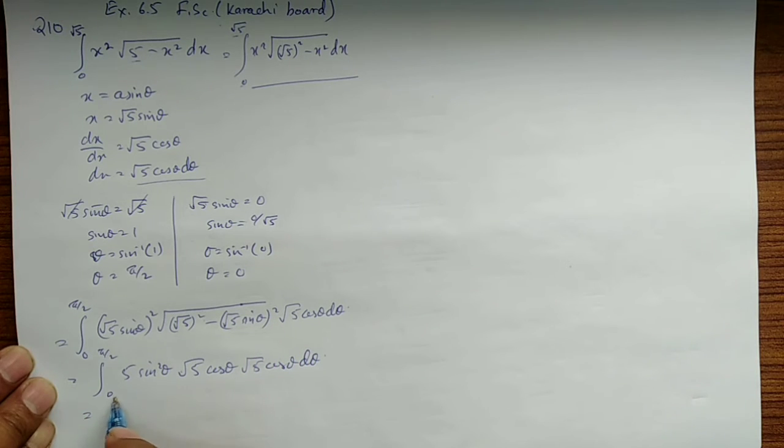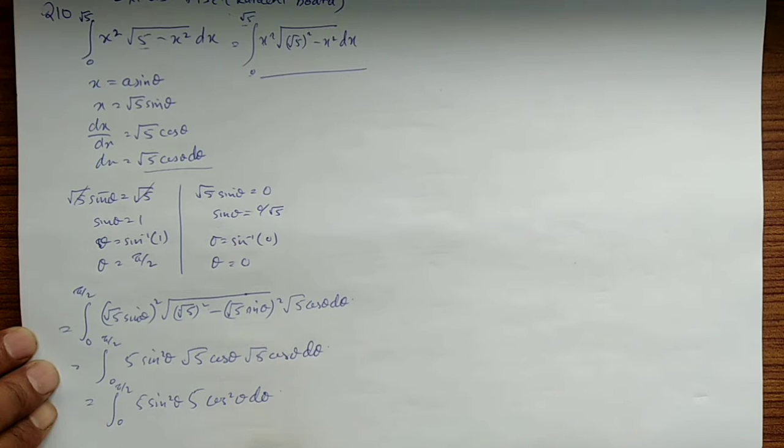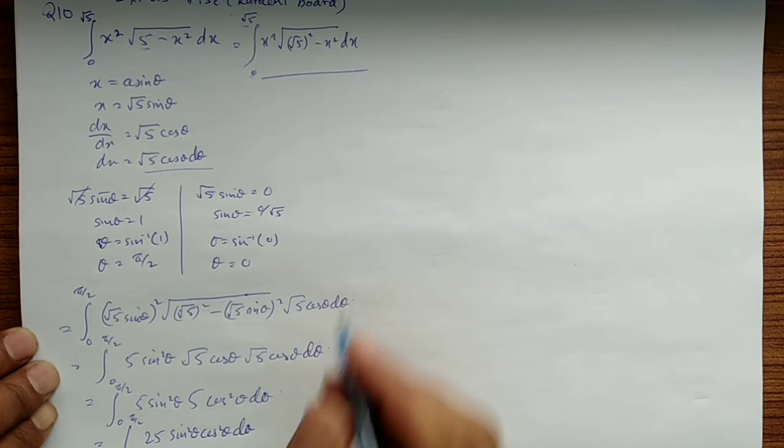That's followed by 5 sine square theta. Root of 5 and root of 5 gives you 5 cos square theta d theta, and this can be written as the integral from 0 to pi upon 2 of 25 sine square theta cos square theta d theta.